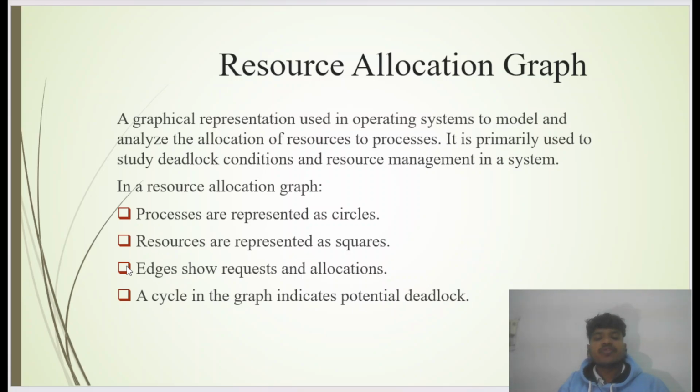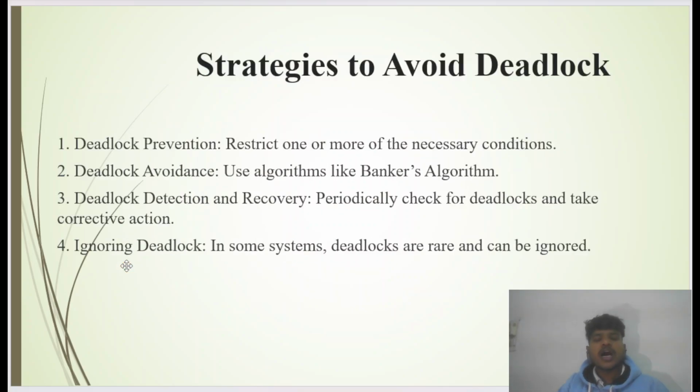In a resource allocation graph, processes are represented as circles, resources are represented as squares, edges show request and allocation, while a cycle in the graph indicates potential deadlock. It means if a cycle is going to form in the resource allocation graph, then that is a sure shot deadlock. After that, let us look at what are the strategies that we can use to avoid a deadlock condition.